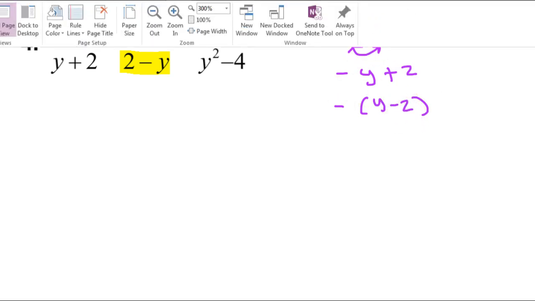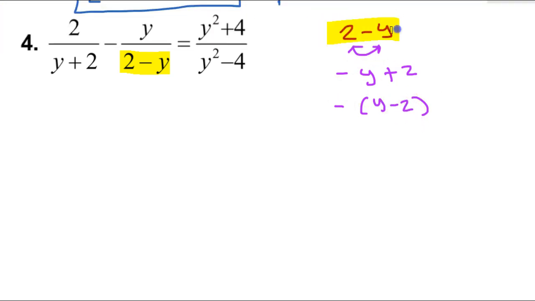So that means that 2 minus y is the same thing as negative parentheses y minus 2. So that is what it takes to transform this in such a way that I can compare apples to apples. Because when I'm factoring later, I'm looking at the y squared minus 4, can you see that's going to be y plus 2, y minus 2?